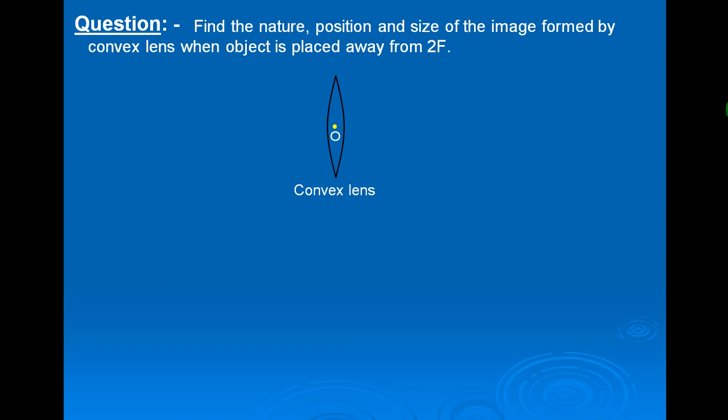Point O is the optical center, and suppose this is the principal axis, and these two points are the focus points on either side of the lens, and these two points are at 2F, meaning at a distance equal to double the focal length.